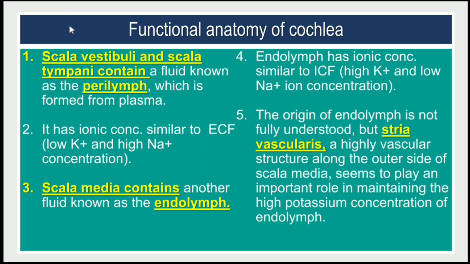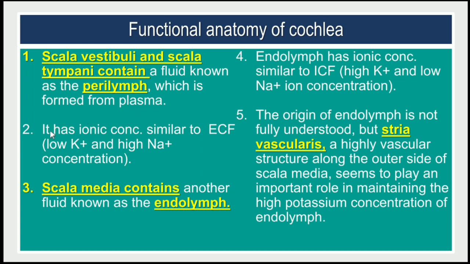So scala vestibuli and scala tympani, meaning number 1 and number 3, contain a fluid known as perilymph. They are bathed with perilymph, which is formed from plasma capillaries and from plasma.